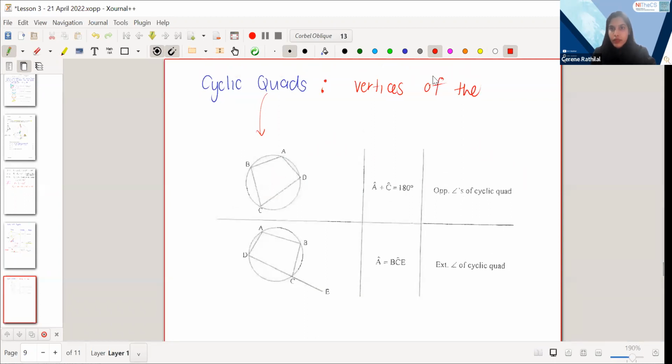Let me correct that. Right, all vertices of the quadrilateral lie on the circumference of the circle. Okay, so that's what we're looking for.